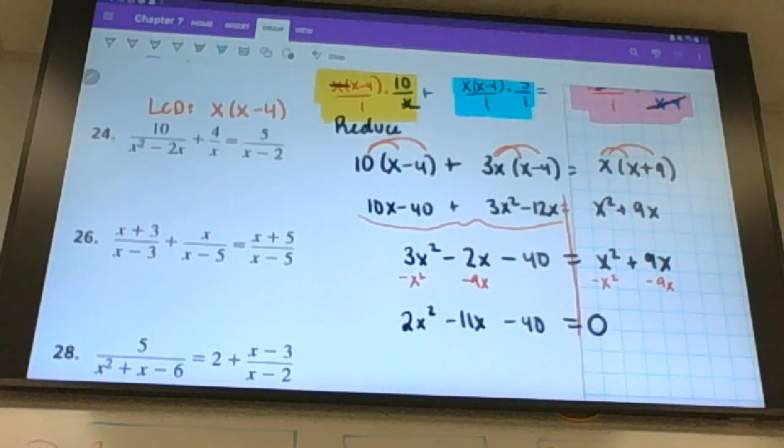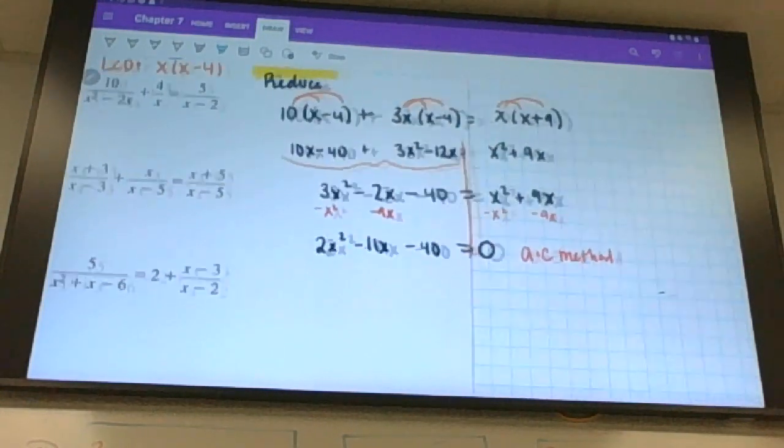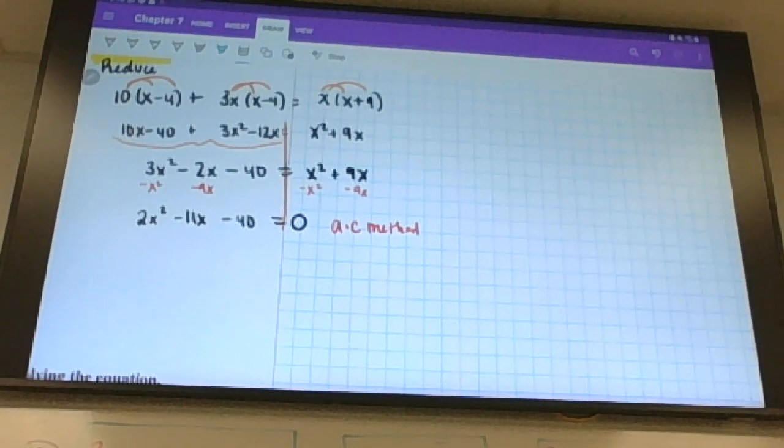And now you have to do the A times C method. This is where lots of us are forgetting how to do the A times C method. All right, how do we factor when A is not 1? Well, we'll go 2 times negative 40 is negative 80.